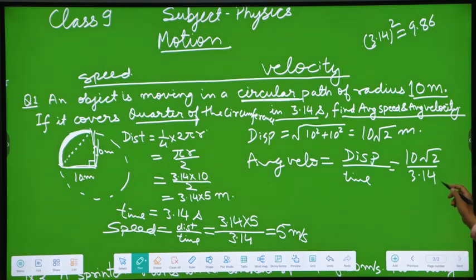So if we divide it, it will be approximately 3.16. I am writing it. You can check it on calculator or you can divide it, but I am sure that my cancellation is perfect, and now its velocity is 3.16 root 2 meter per second.